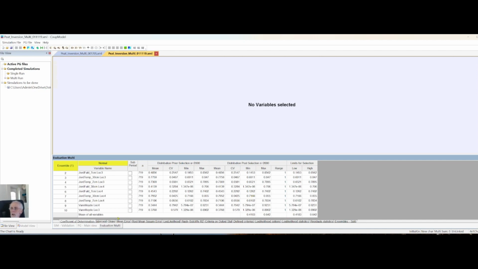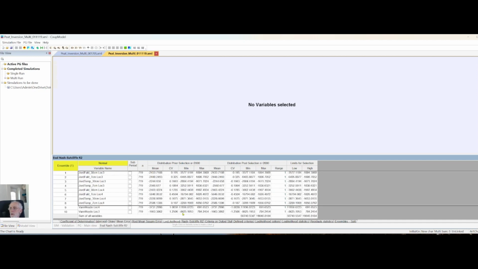And then we have this evaluation multi, and in this evaluation multi we could take any one of the different performance criteria and use that to take only those that are good enough. This time maybe we can take this LogLikelihood.